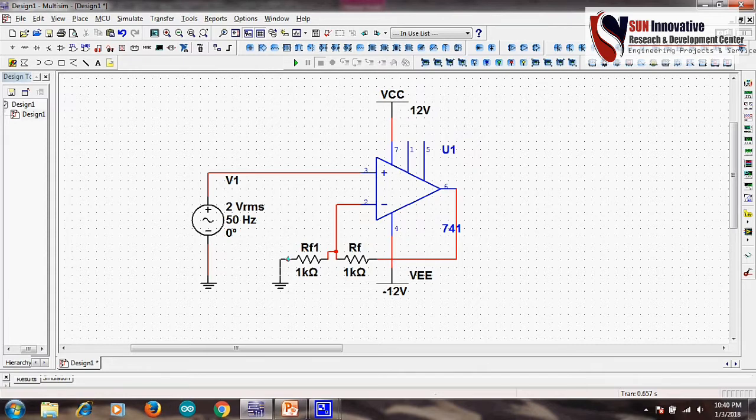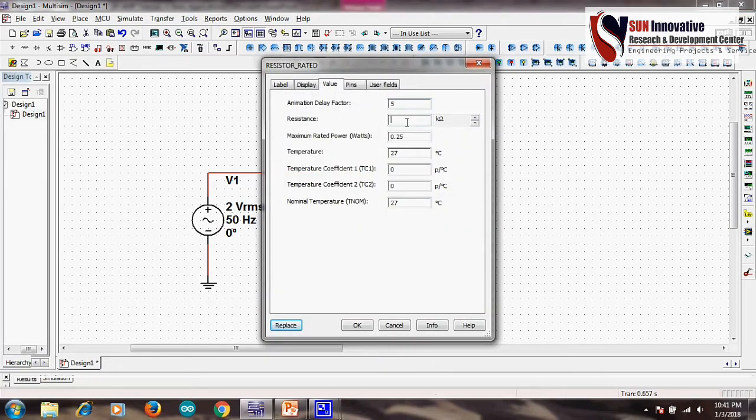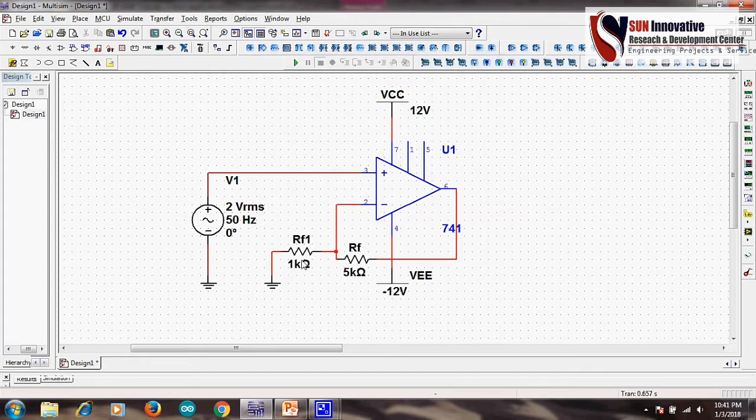We will take the values of all components which we described in the PPT presentation file. So this is the 5 kilo ohm resistance, this is 1 kilo ohm.